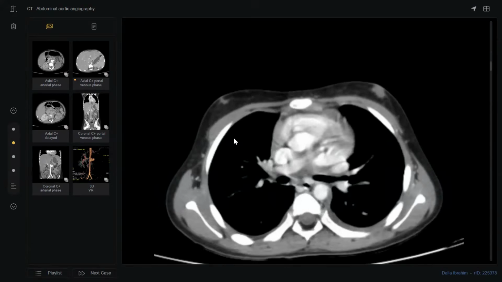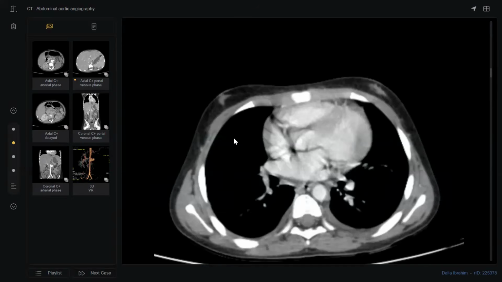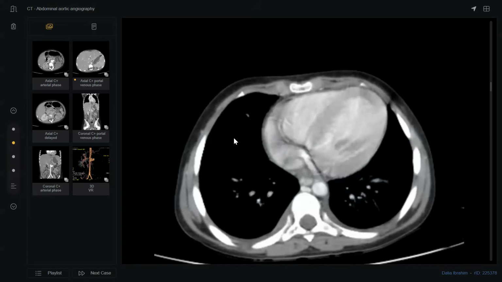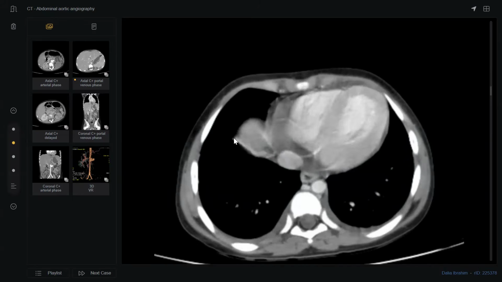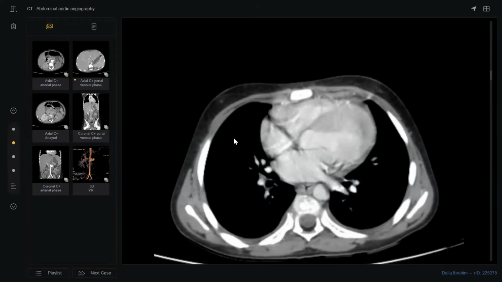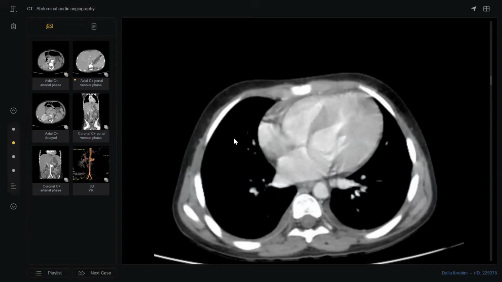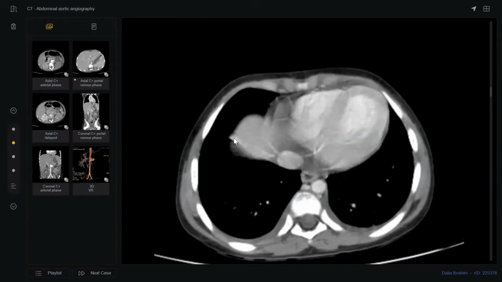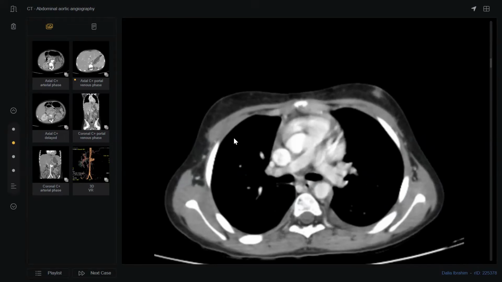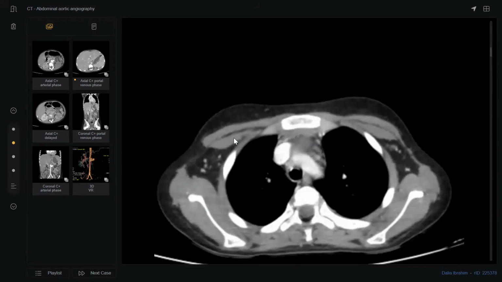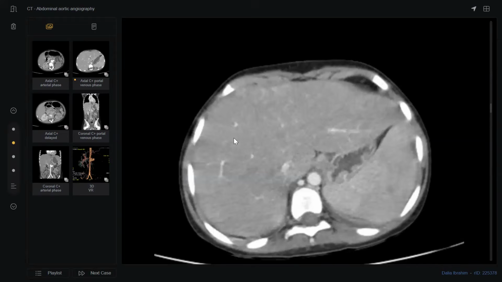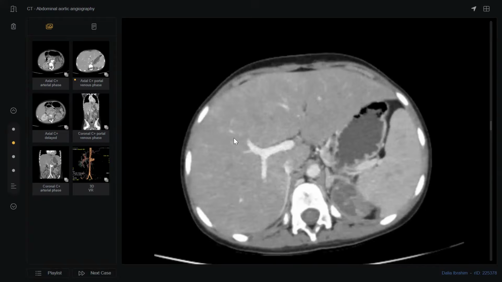Even here, frankly, honestly, there are no obvious vegetations within the heart. I'm trying to search and examine the heart. For me at least, there are no obvious vegetations. And I can't tell anything about that apart from it looking mildly dilated or mildly enlarged. But at least from our knowledge, from our differential diagnosis, infective endocarditis.